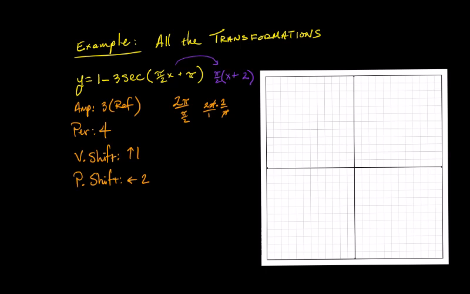Okay? And so with all that said, we should be able to graph this. I'm going to do a quick sketch of my x-axis. Here's the start. So it's going to start at the phase shift, -2. I'm going to add the period, so I'll get to 2. And then we're going to find our points in the middle. We can multiply our period by 1/4. So that'd just be 1. So that'll be -1, 0, 1. Oh, that worked out really nice.